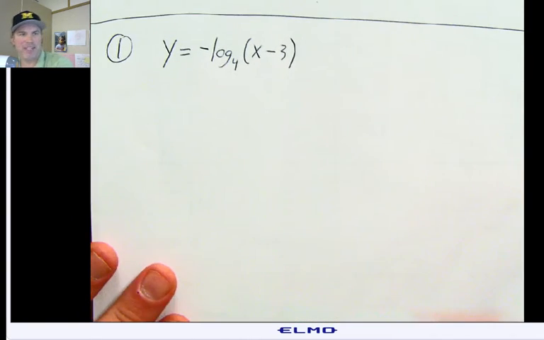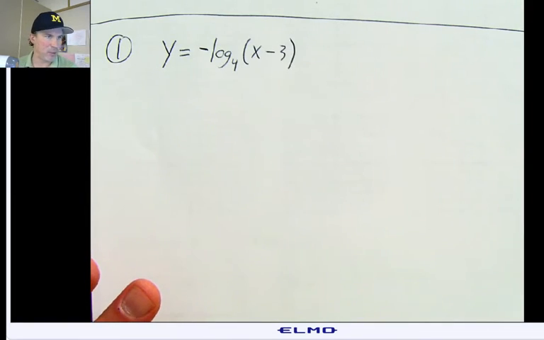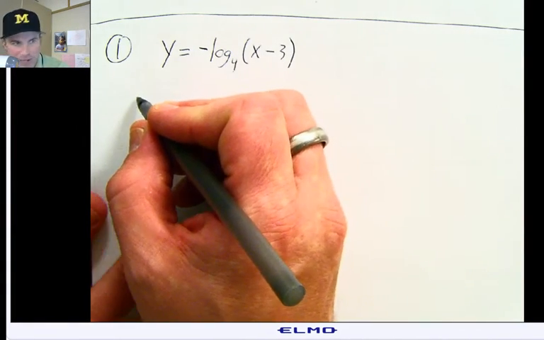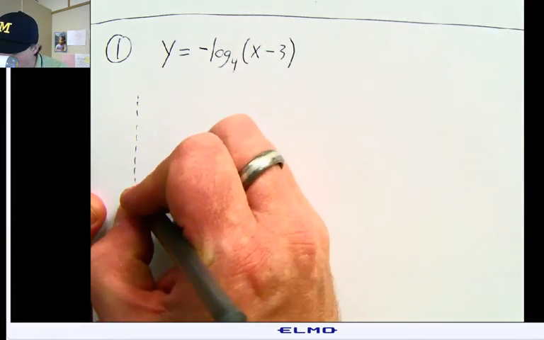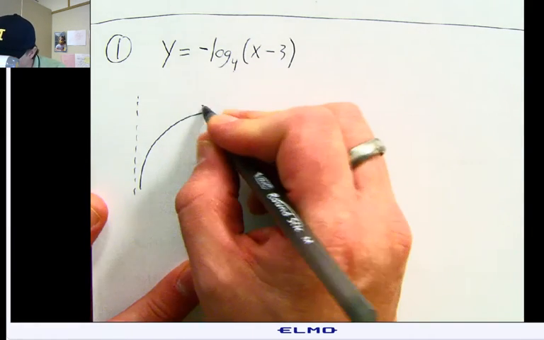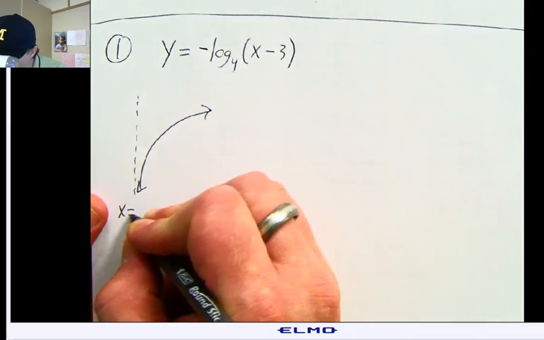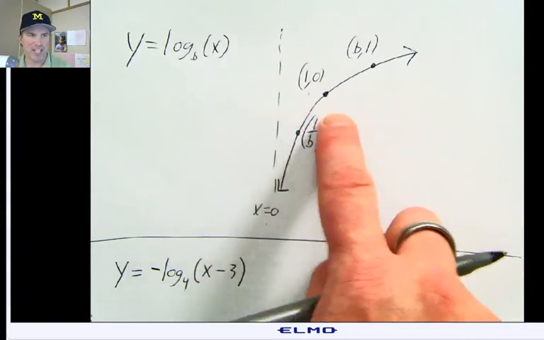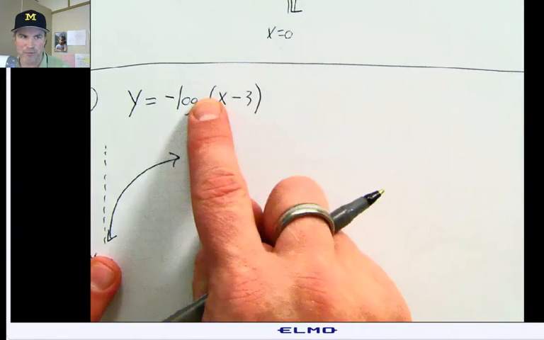Negative log base 4 of (x minus 3). So log base 4, so I personally like to consider the parent function. The parent function will look like this with x equals 0, and instead of a base of b, like the earlier example had, it's a base of 4.